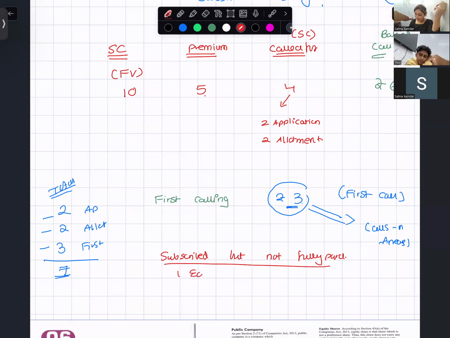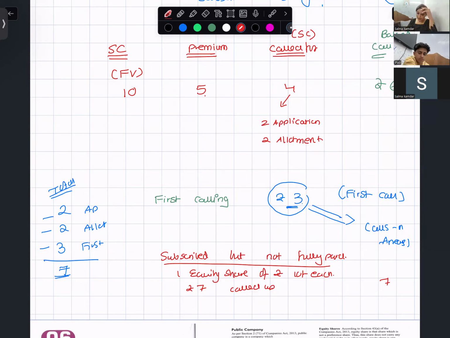So it will be one equity share of rupees 10 each. Okay. Rupees 7 called up and it will be 7. Yeah. 2 on application, 2 on allotment, 3 on the first call, total is 7.